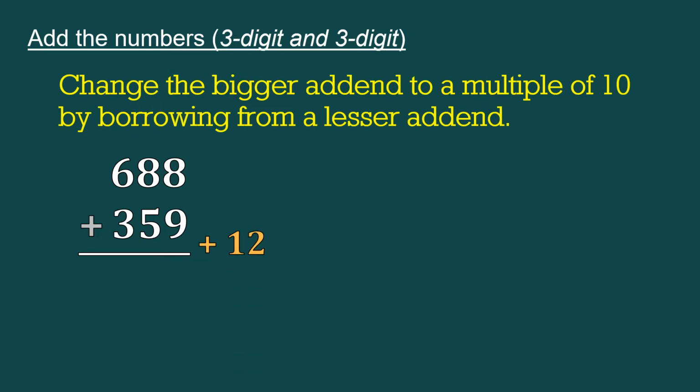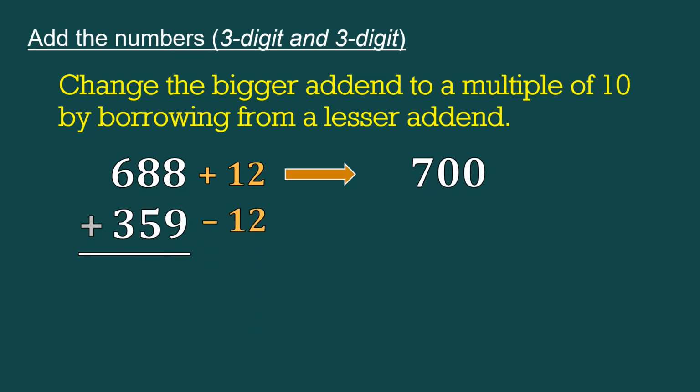Let's find the sum of the 3-digit addends. We have 688 plus 359. We need to add 12 to 688 to make a multiple of 10. 688 becomes 700.